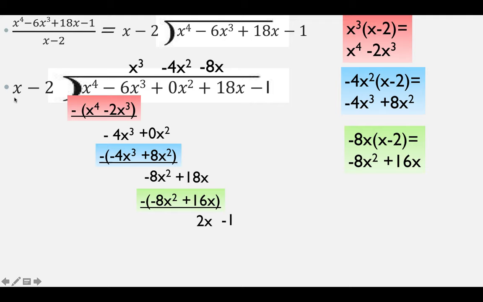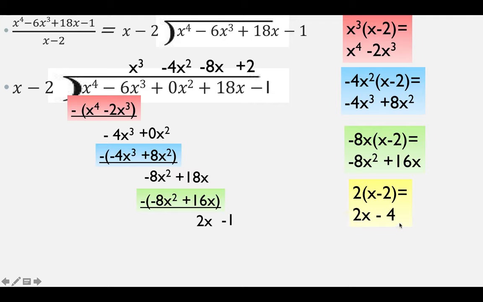All right, so now we're going to find out. So what do we multiply x by to get 2x? I think we just need a 2, and it's positive 2 because there's no negative there. Great. So we're going to go to the side again, multiply our x minus 2 by 2, distribute in there.